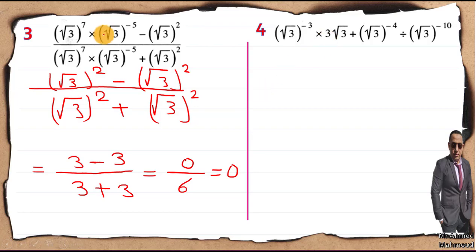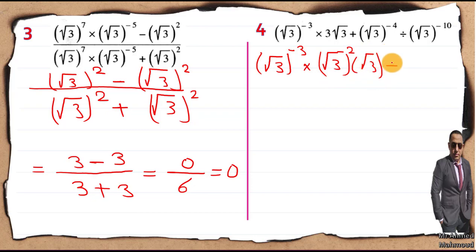So it will be like this: root 3 power of negative 3 times root 3 power of 2 times root 3, plus here root 3 power negative 4 divided by root 3 power negative 10.